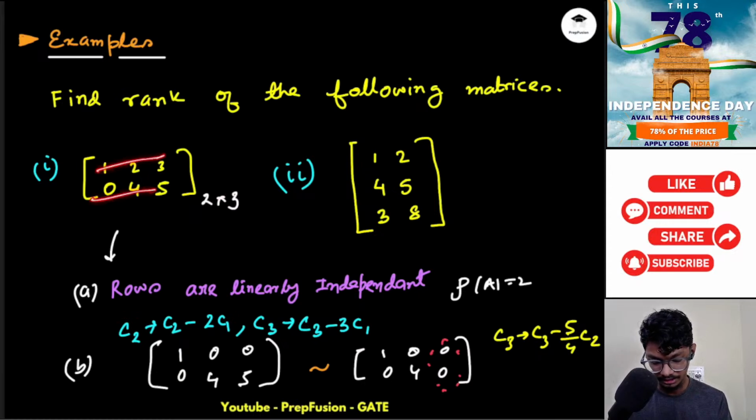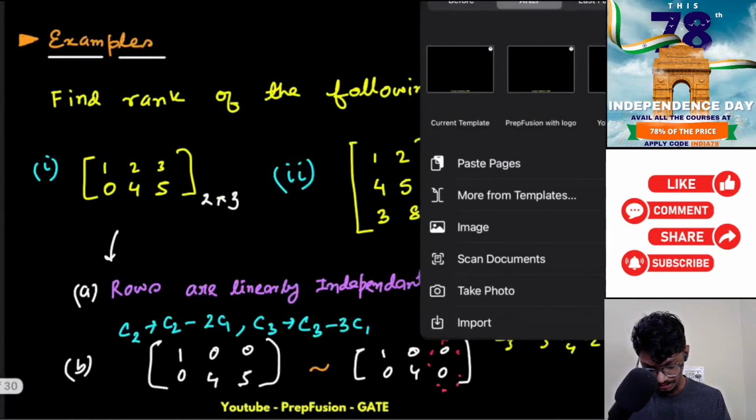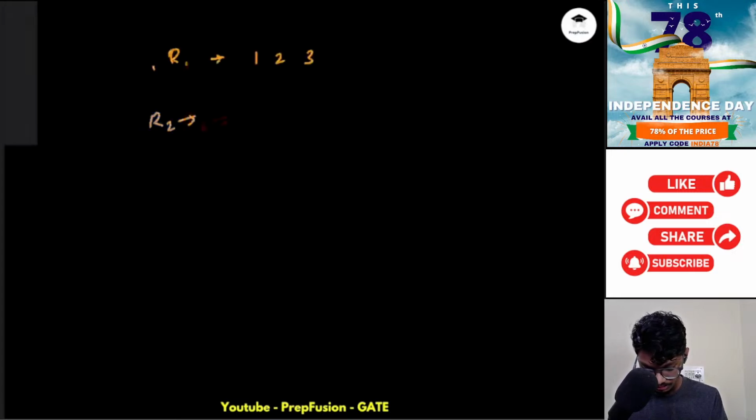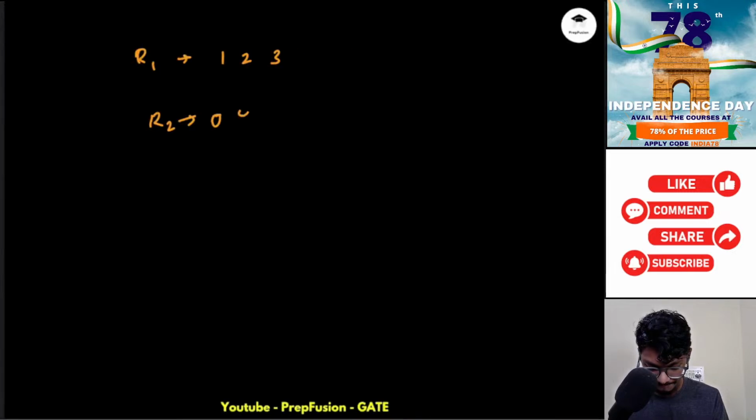Are these two rows dependent or independent? We're talking about linearity, right? What do you mean by linearly dependent and independent? If I can write the second row as a linear combination of the first row. Row 1 is 1, 2, 3, and row 2 is 0, 4, 5.